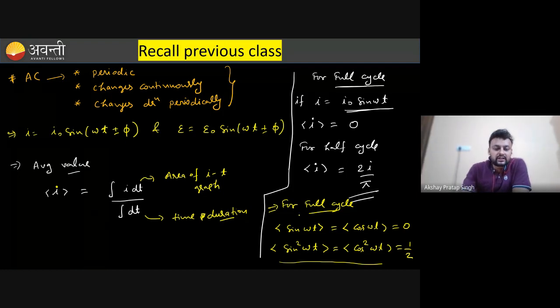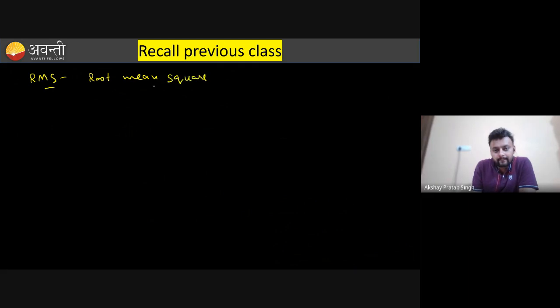Now there was one more thing, that was RMS current. So what was RMS current? What is the full form of RMS? Root mean square. This is the most important thing, how it can be written: take the root of the mean, or average, of I square.